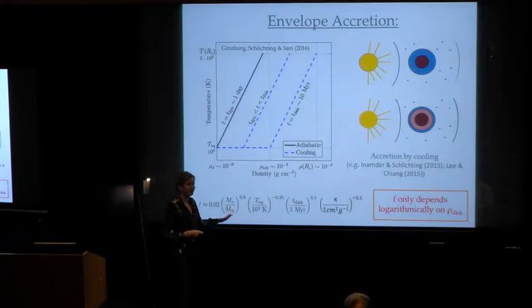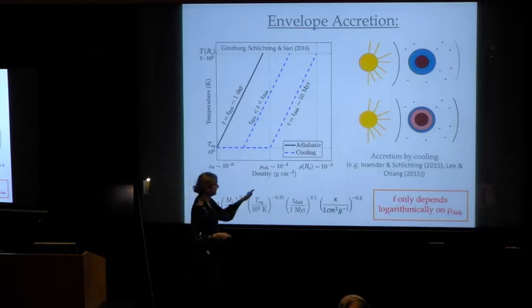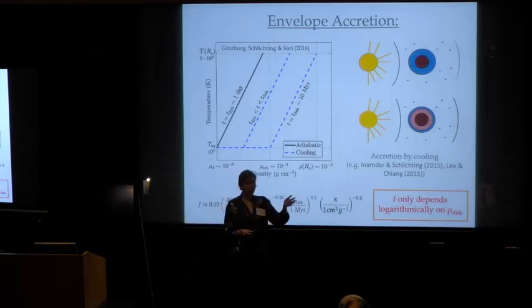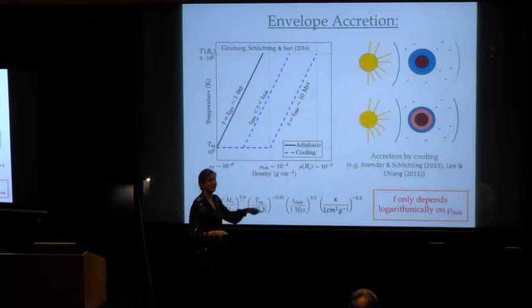Although this is very crude, I think it nicely shows why we typically form sub-Neptunes and not, say, sub-Saturns or gas giants. And I think the reason simply is that although we heard already, and I think we'll hear more about tomorrow, that runaway gas accretion is really fast when you really run away and you can accrete a lot of material, getting there is the slow part.